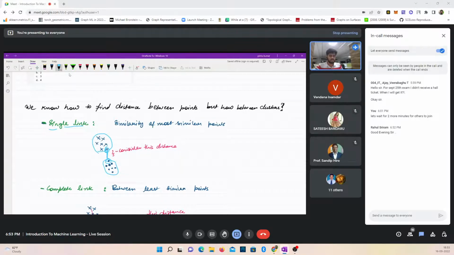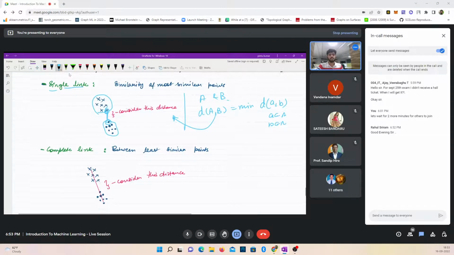You take the distance between these two points and assign it as the distance between these two clusters. Mathematically, if you have two sets A and B, the distance between the two sets is the minimum of distance(a, b), where a belongs to A and b belongs to B. So you take the minimum distance that is possible across the sets.